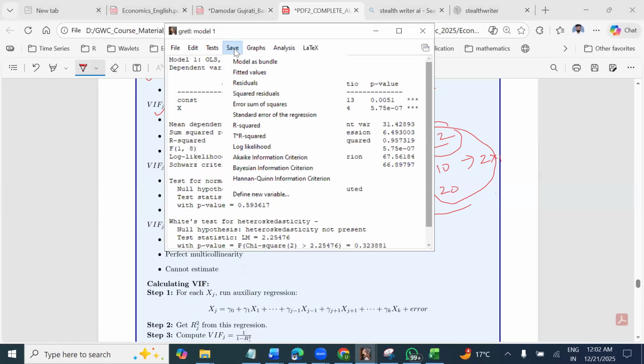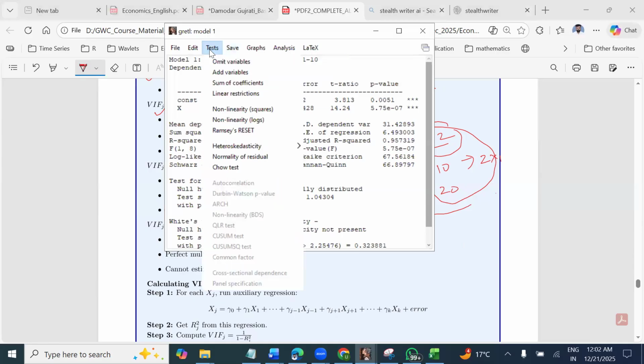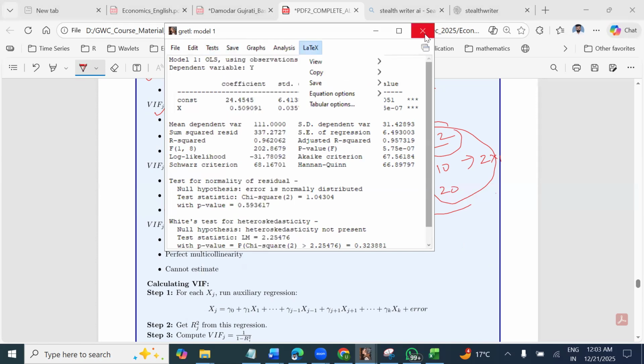Can you see any place where we can calculate the VIF? It is not given over here. But the moment you run a multiple linear regression, suppose I change the data and do a multiple linear regression, you will see that VIF is directly given over there.